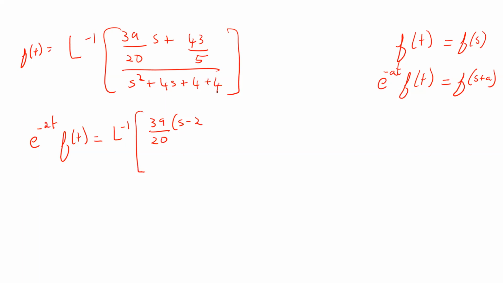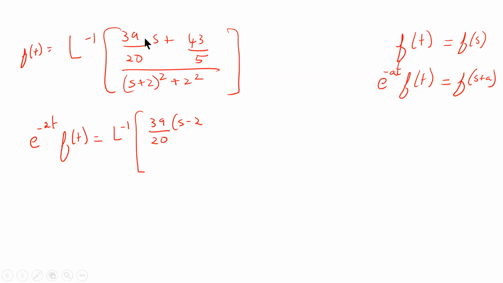I'm going to group the terms: the first three terms I can write as s plus 2 the whole square, and this last term 4, I can write as plus 2 square. So I'm simplifying it and writing it.